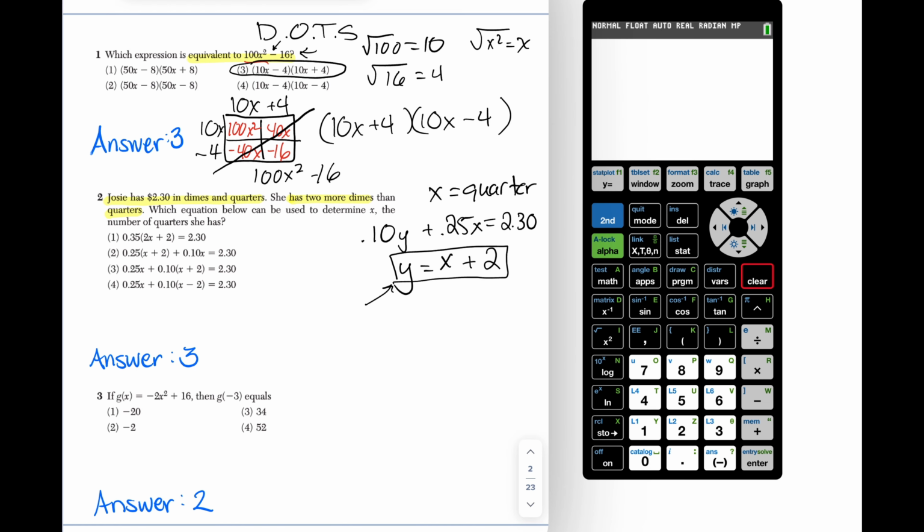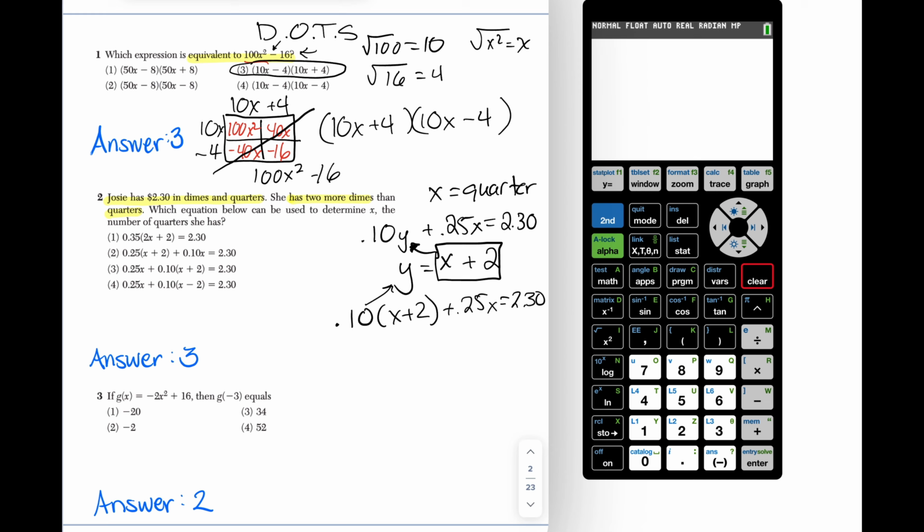So I'm going to take the x plus 2, and I'm going to substitute it in for y. So that I'm going to have 0.10 times x plus 2, plus 0.25x, is equal to $2.30.